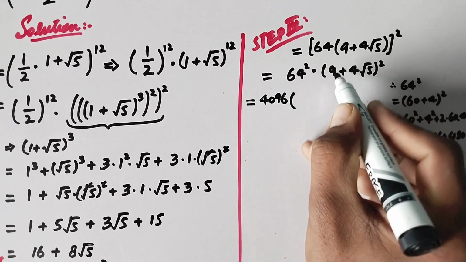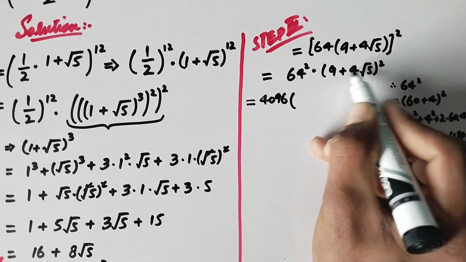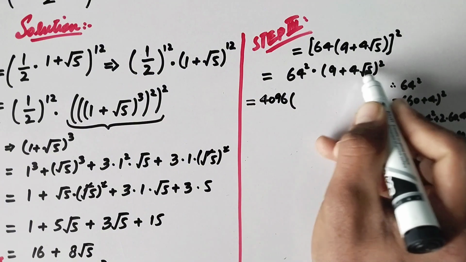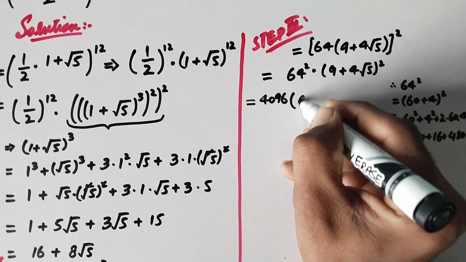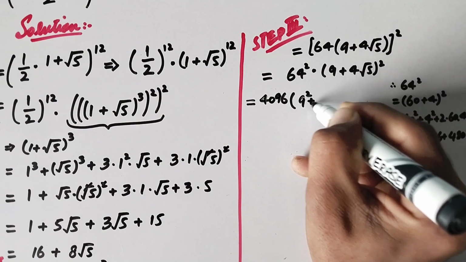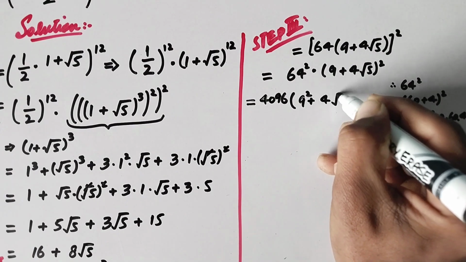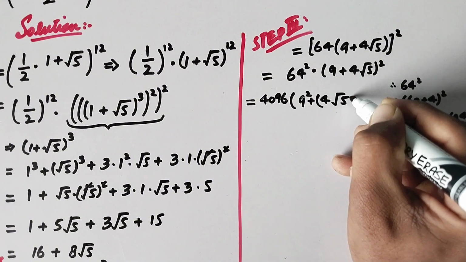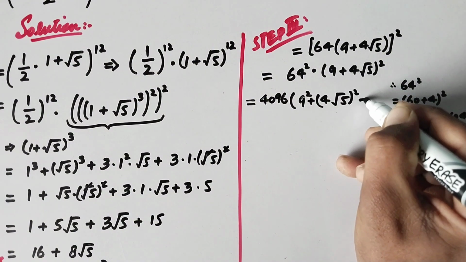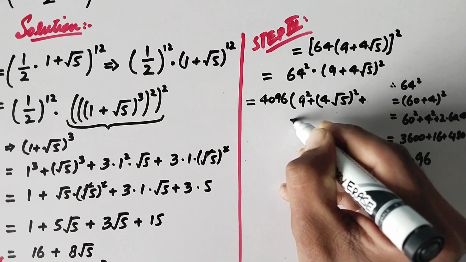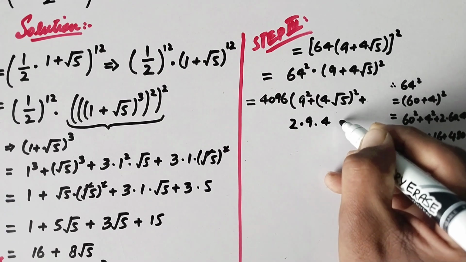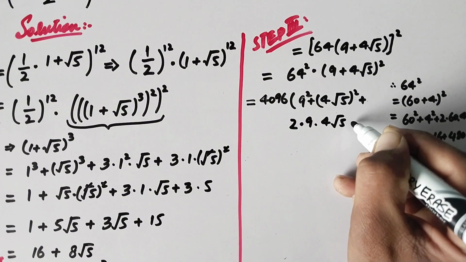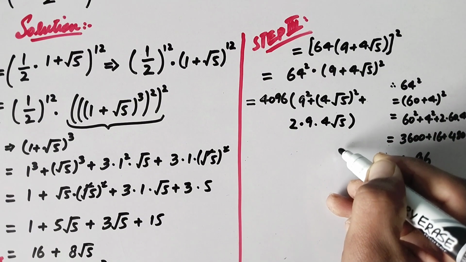4096 times. Here we can see that this is a complete square, so we can apply the square formula. Therefore, it will be equal to 9 squared plus (4 times square root of 5) squared plus 2 times 9 times 4 times square root of 5.